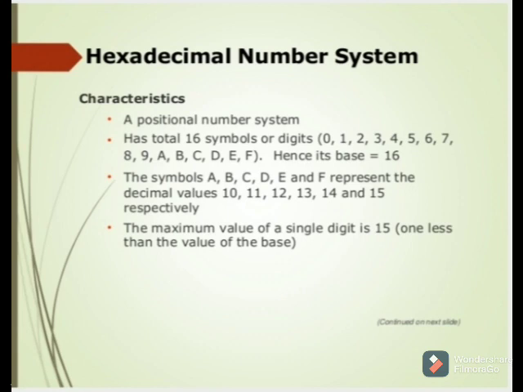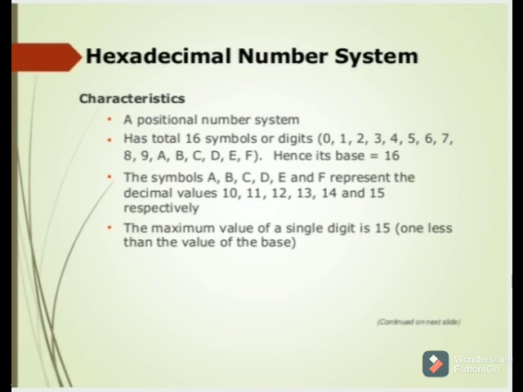Next is hexadecimal number system. The hexadecimal number system has 16 as a base number. It has 10 numeric digits, 0, 1, 2, 3, 4, 5, 6, 7, 8 and 9, and 6 letters are also there, A, B, C, D, E, F, where A is represented by 10, B is represented as 11, C as 12, D as 13, E as 14 and F as 15.